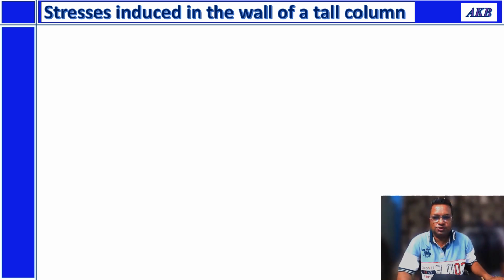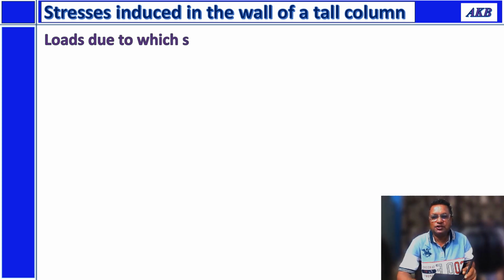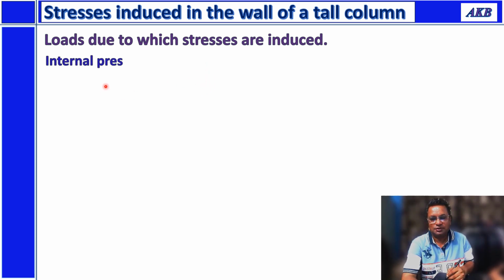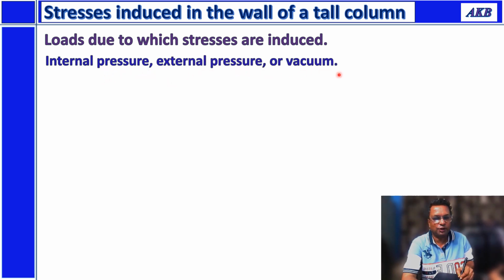Okay, to begin with, let us first understand which loads are responsible for stresses in the wall of a column. So, which loads act to induce stresses in the wall? First you have internal pressure, external pressure, or vacuum.